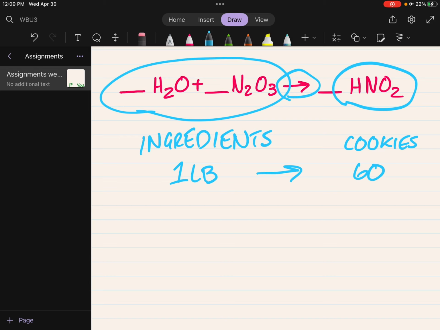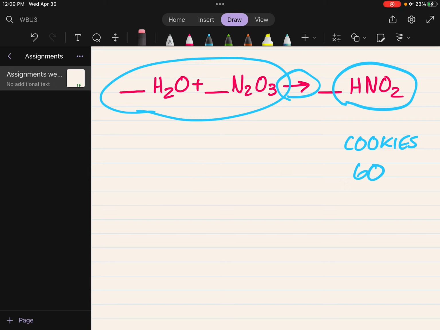You could probably make 1,000 cookies, but they would not be the same size as the 60 that this recipe is telling you, right? So what we're trying to say is that what we put in must also come out from this exchange. So that is the balancing that we have to do.